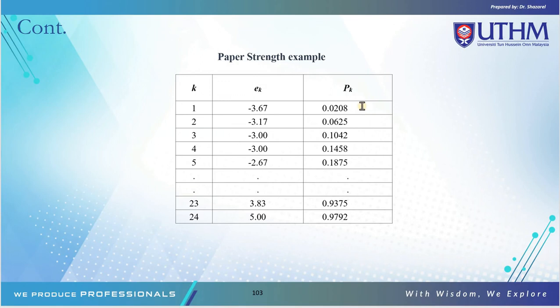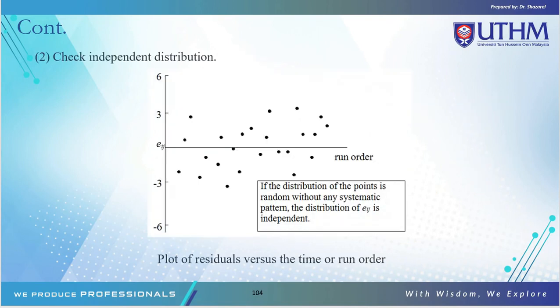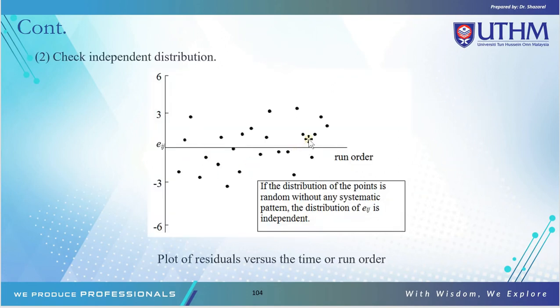And then until the last, which is the largest residual, equal to 5, so for E24, K minus 0.5 divided by N, where K is 24, minus 0.5, divided by 24. So we get this last value, 0.9792.